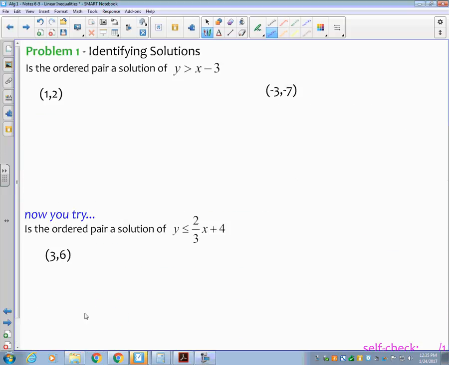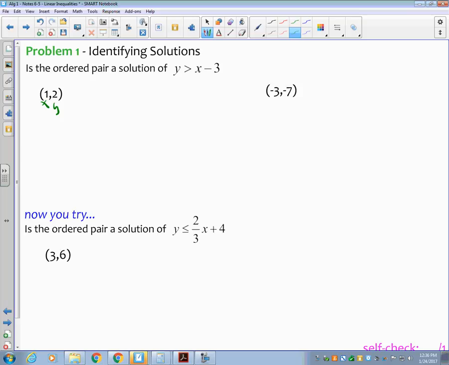Now we're going to test to see if a point is in our shaded region. So the question for problem 1 says, is the ordered pair (1, 2) a solution of y greater than x minus 3? Where the x is, we're going to put 1, and where the y is, we're going to put 2, and it's either going to be true or false. If it's true, it's yes.